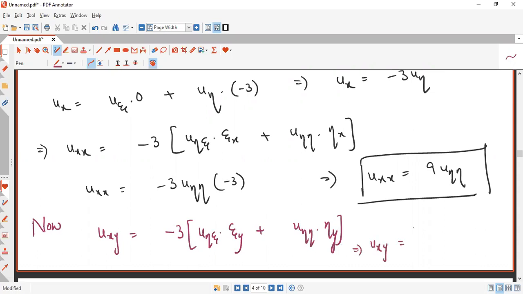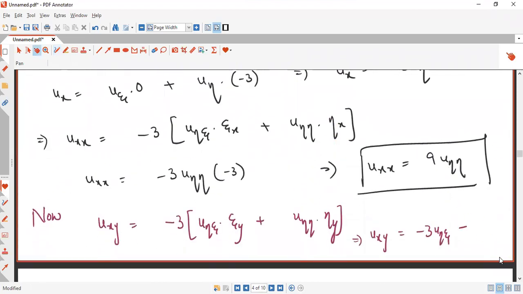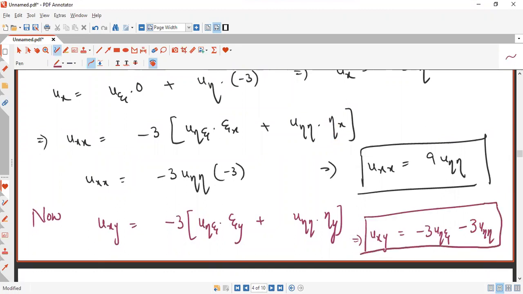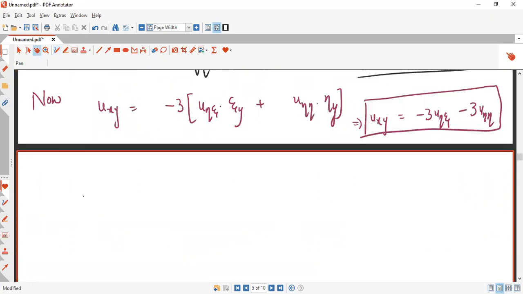Xi y is 1. So minus 3 u eta xi times 1, plus eta y is 1, minus 3 u eta eta. Right? Now find uy. What is uy? Uy is u xi into xi y, xi y is 1, plus u eta into eta y, which is again 1.